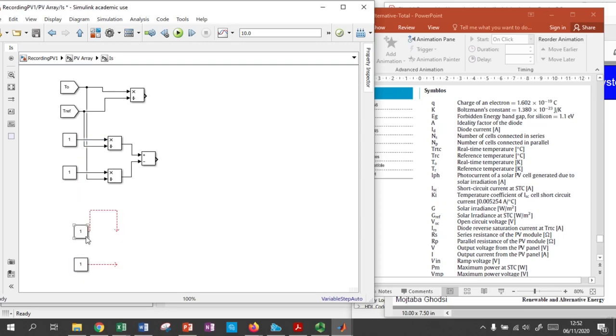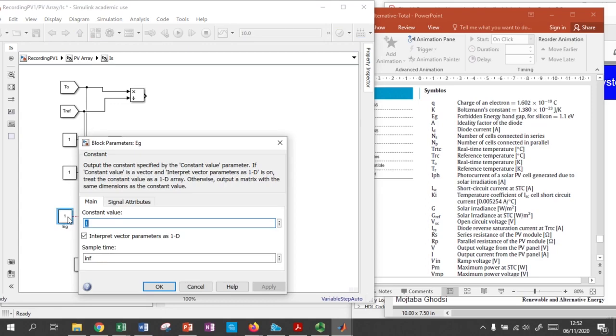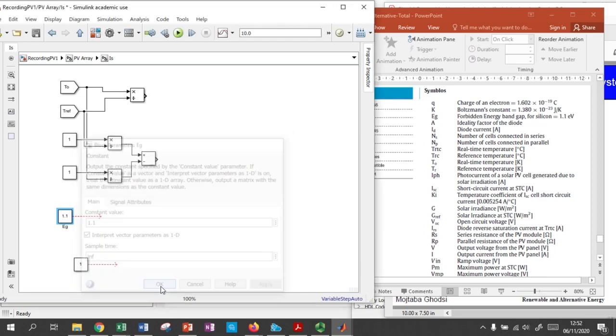Okay. At first, I will write this one. This is EG, and its value is equal to 1.1, as it's mentioned here. It's 1.1 electron volt.